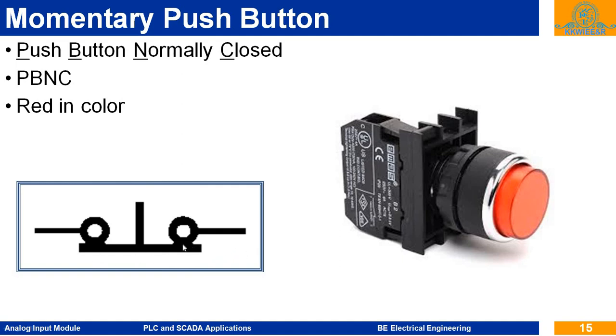Generally these are used to disconnect the circuit or stop the motor operation. So normally closed and normally open are the two main contacts used in discrete input devices.